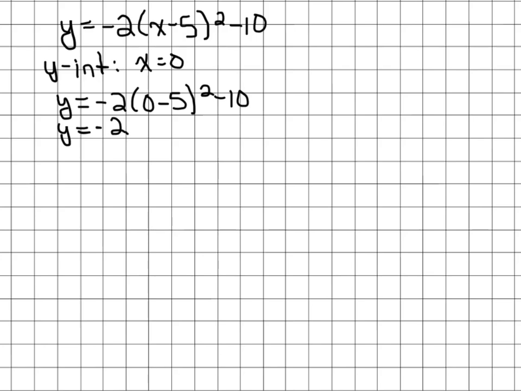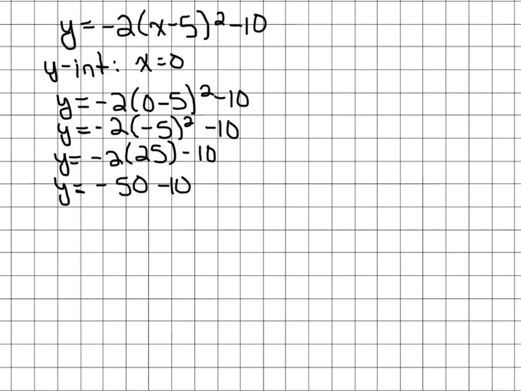That gives me -2 times (-5) all squared minus 10, so -2 times 25 minus 10, which is -50 minus 10, so -60. So y is equal to -60. That is our Y-intercept.